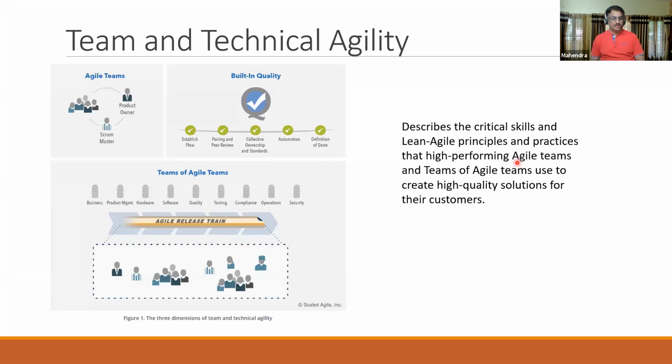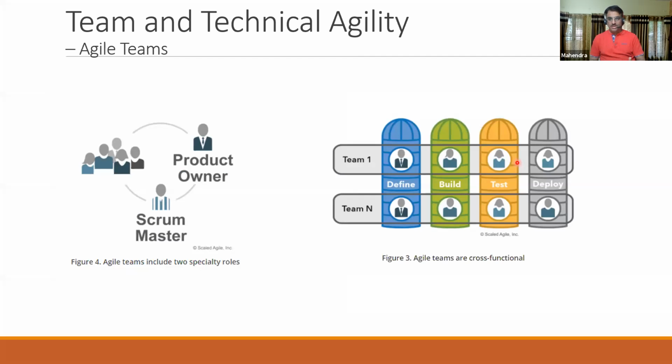Yeah, thanks. The first is team and technical agility. This describes the basic critical skills of lean and agile principles and practices which the agile teams and the teams of agile teams should possess to create high quality products. This competency is all about that.